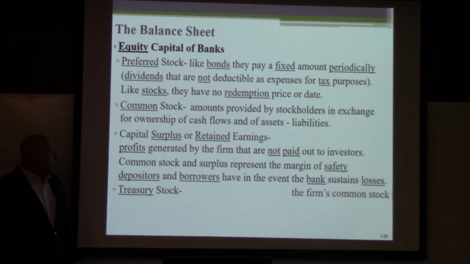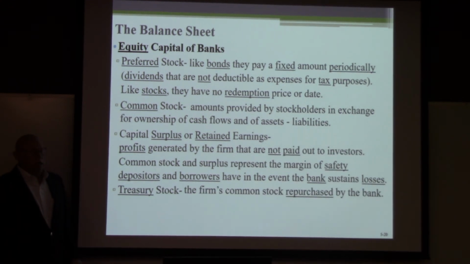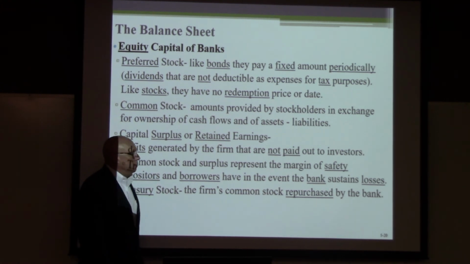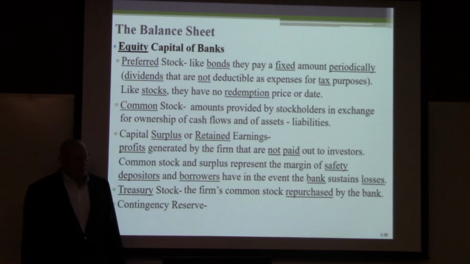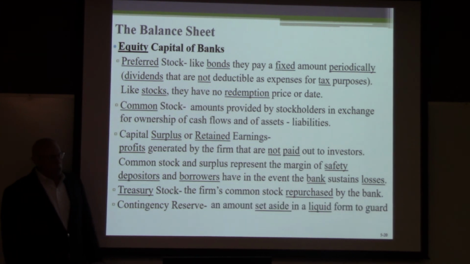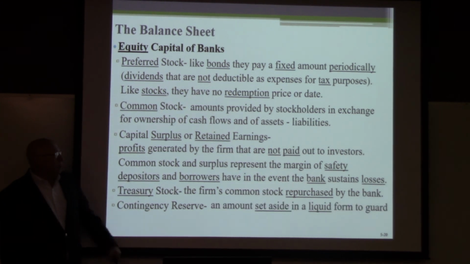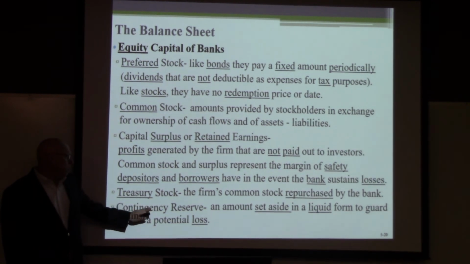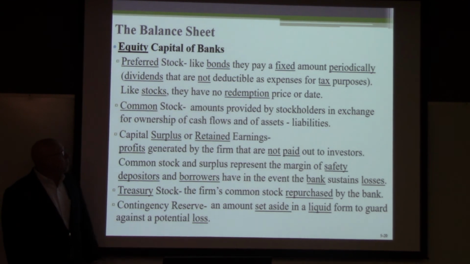All right, then you have treasury stock, and this is when the bank repurchases stock from the market. Then you have a contingency reserve, which is an amount set aside to guard against a potential loss. Okay? And I really don't know why they threw that in there, because all banks have plenty of reserves.